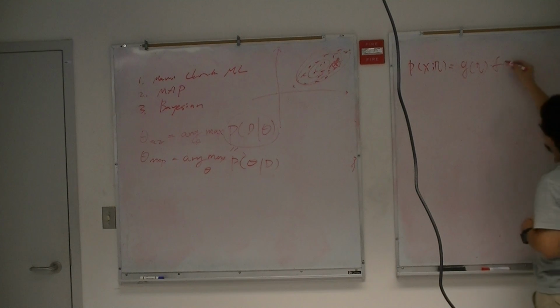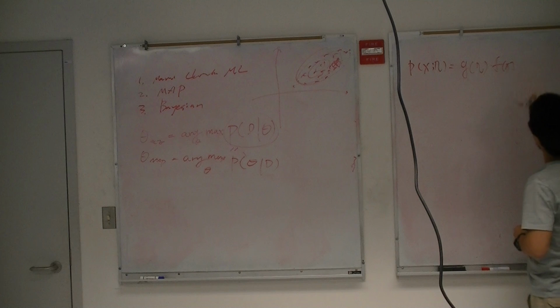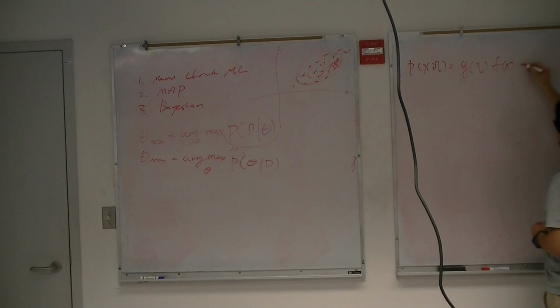When I first saw it, it didn't make sense at all. It turns out to be useful. It's f of x and the exponent of eta inner product with the sufficient statistics S of x. And again, this function g is a normalizing constant.